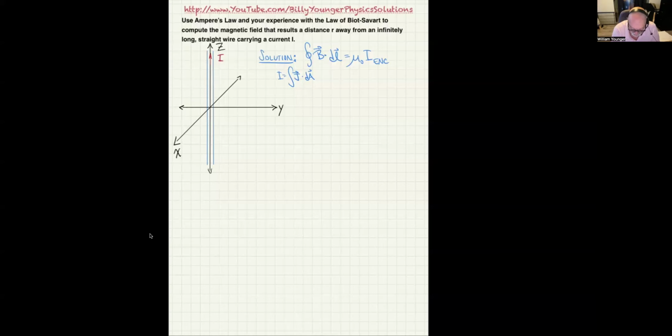So you've got to actually pick out the symmetries for which that works. One of which, of course, is a cylindrical symmetry, like an infinitely long wire or a coaxial cable.